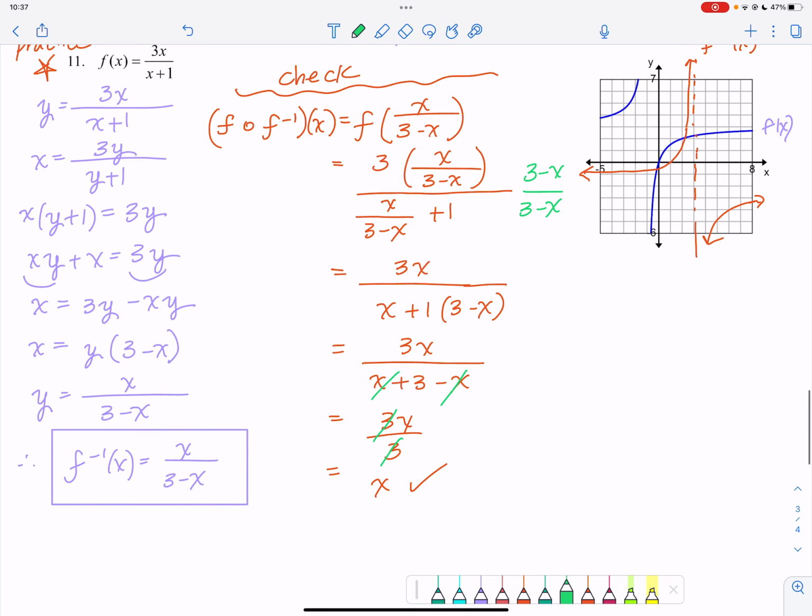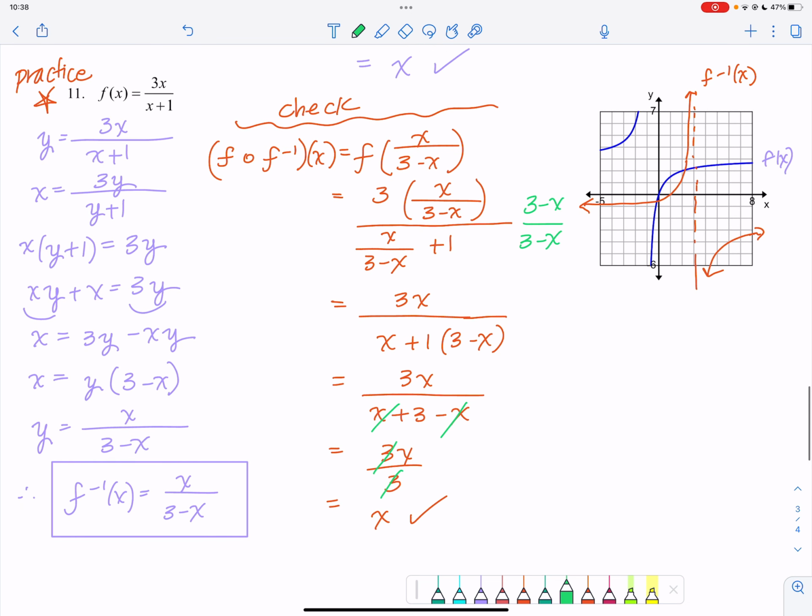Okay, so now we can check f inverse composed with f of x. And that's equal to f inverse of 3x divided by x plus 1.